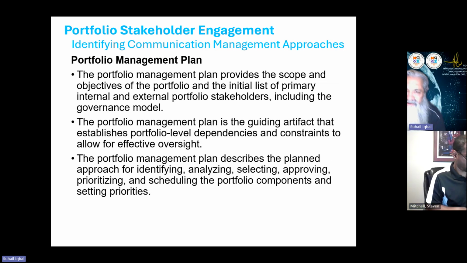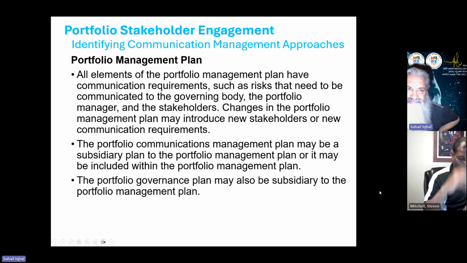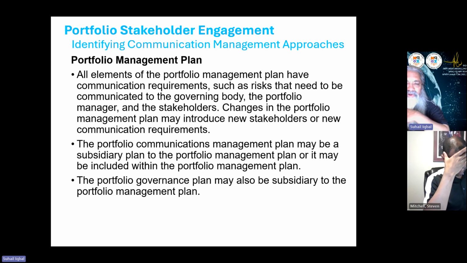Portfolio management plan provides the scope and objective of the portfolio and the initial list of internal and external portfolio stakeholders, including the governance model. All elements of the portfolio management plan have communication requirements, such as risks that need to be communicated to the governing body.